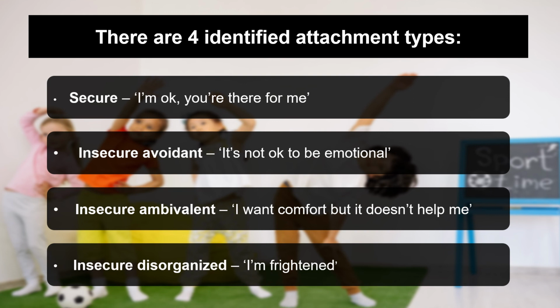Then, insecure, ambivalent attachment: I want comfort, but it does not help me. Insecure, disorganized: I am frightened. So, the nature of attachment type is a predictor of emotional responses and later social behavior and resilience.